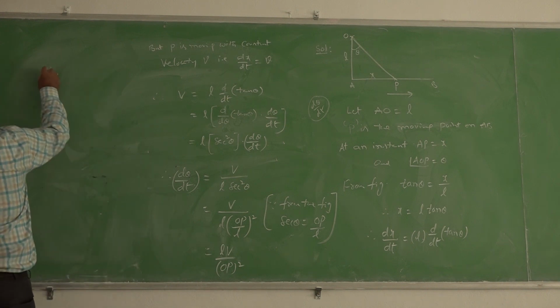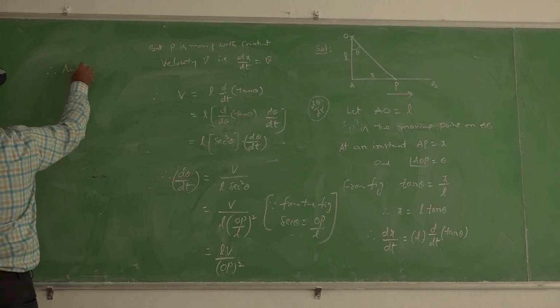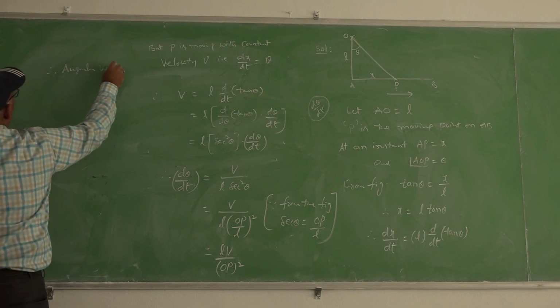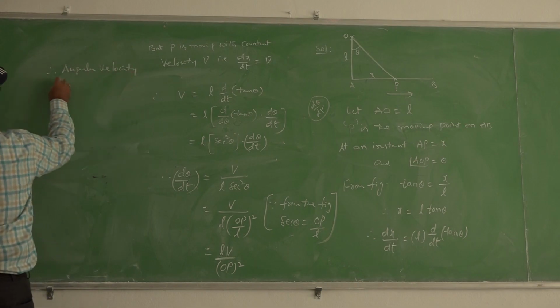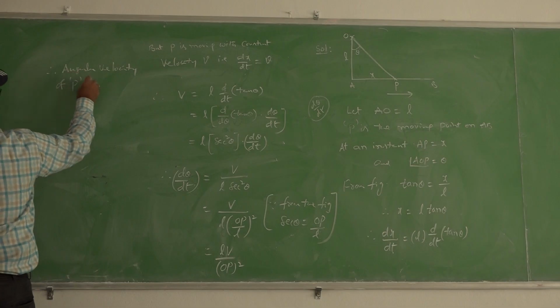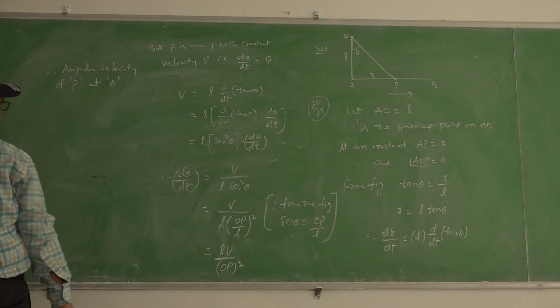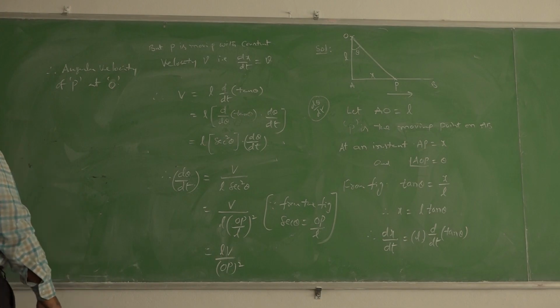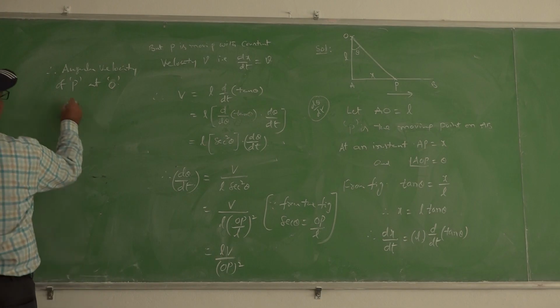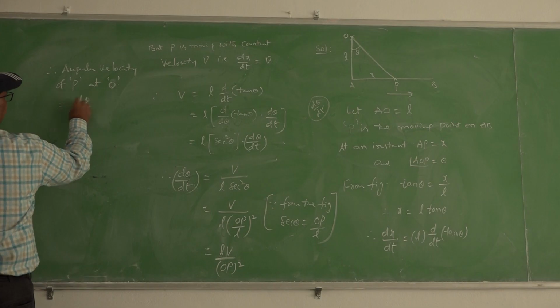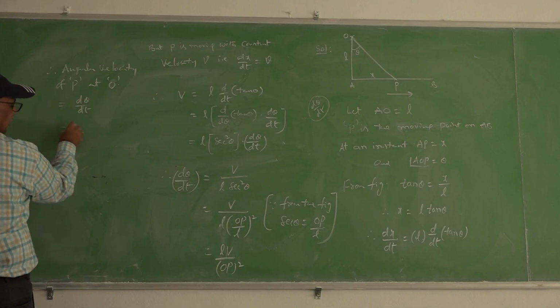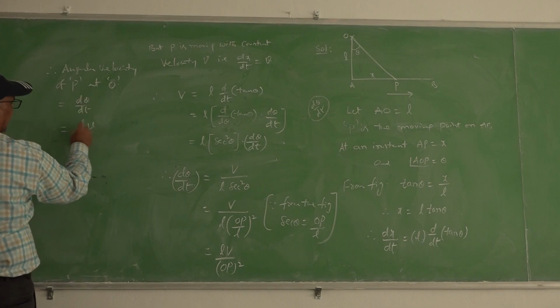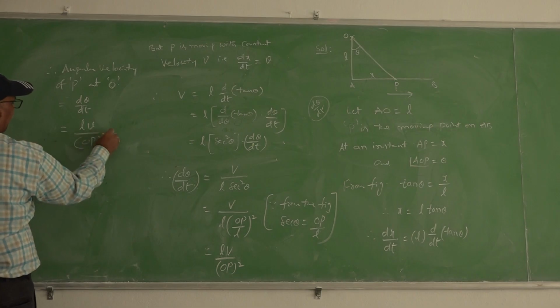So the angular velocity of P at O is d theta by dt equal to L v by OP square.